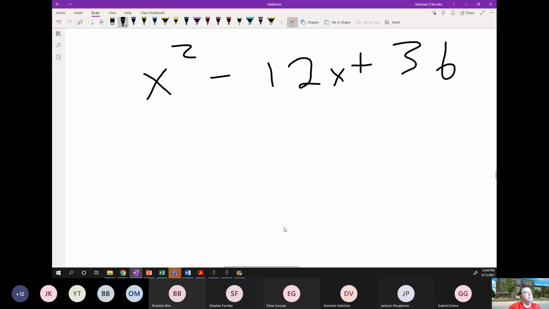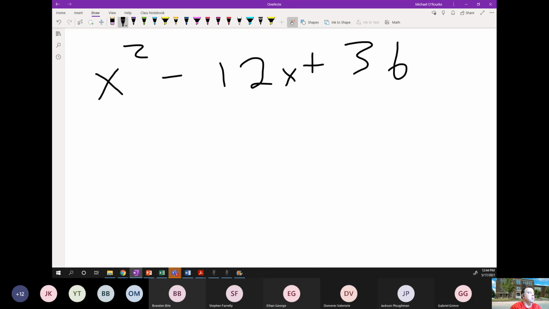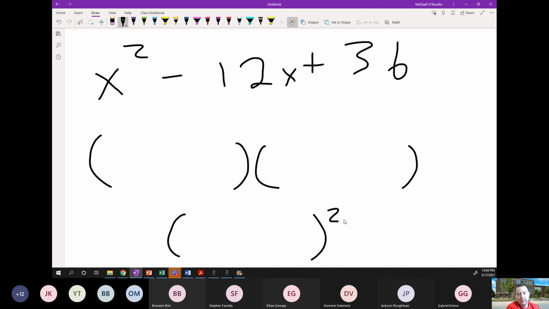Can we figure this one out? Good. X minus 6 squared.